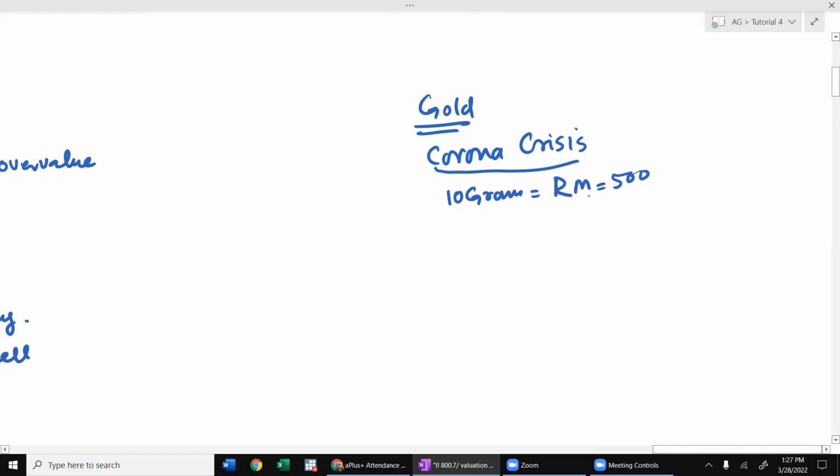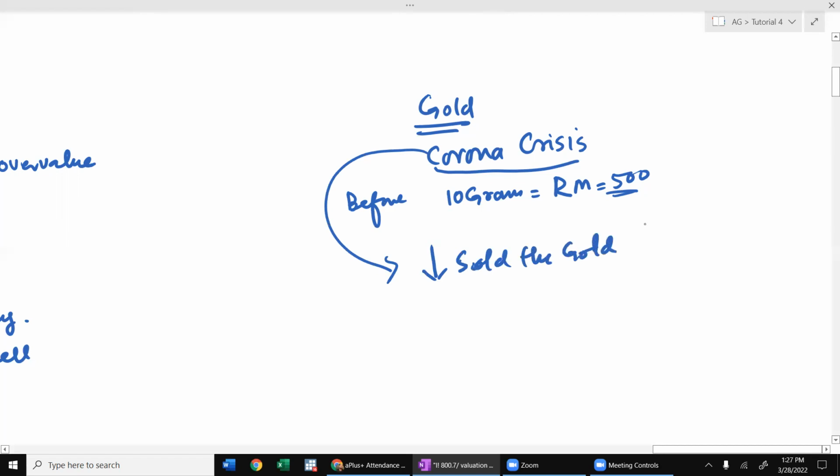So let's say the actual price, or the 10-gram price of the gold before the crisis was 500, but when this corona came, we knew that the gold prices decreased because the people had less money to consume, because they had no other earning, so they sold the gold. When they sold the gold, the supply of the gold increased in the market.